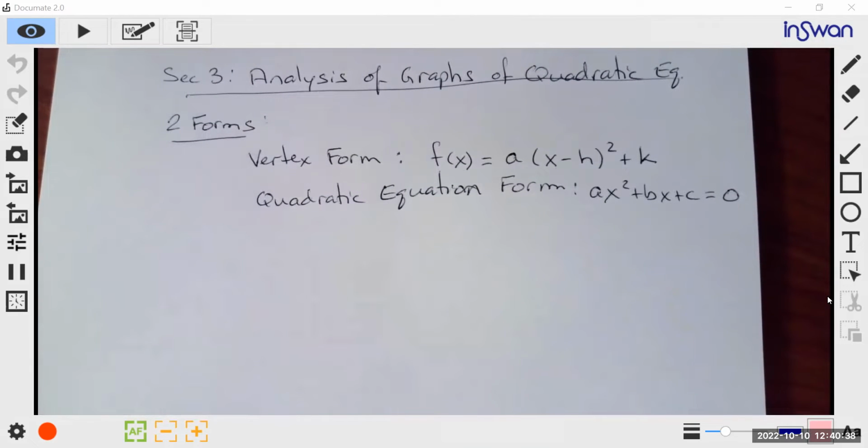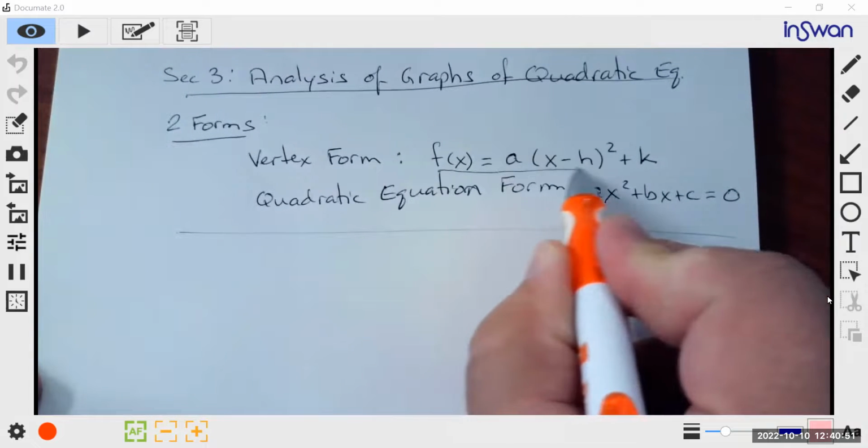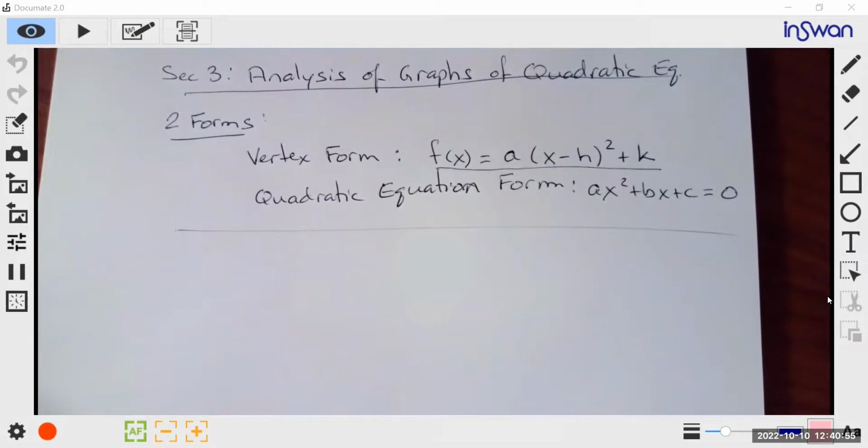We learned how to factor equations last time, and to use complete the square and the quadratic formula. So the vertex form, how do we get it into the vertex form?